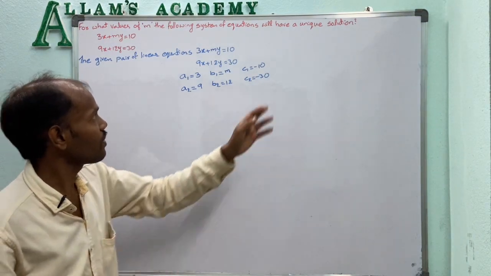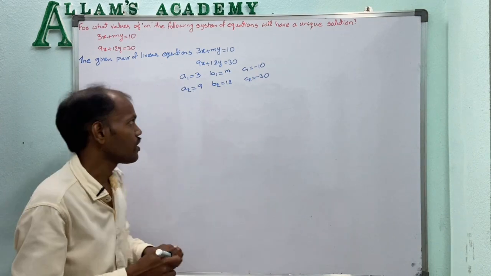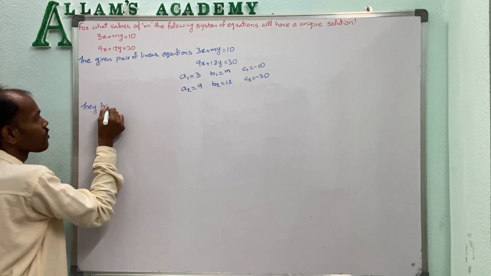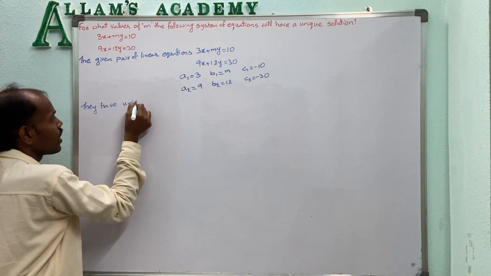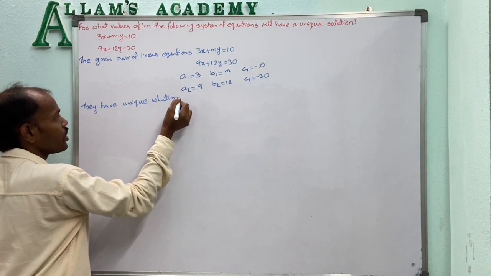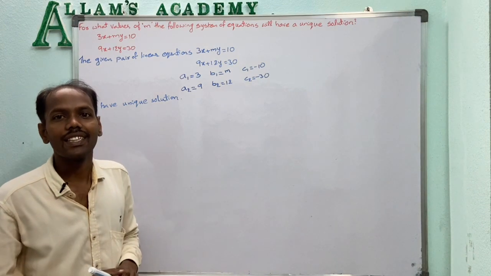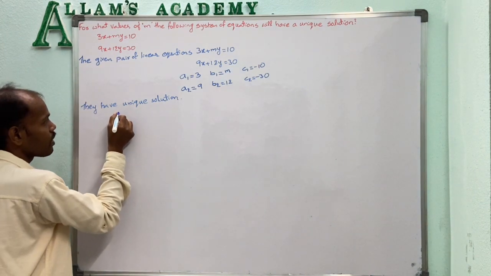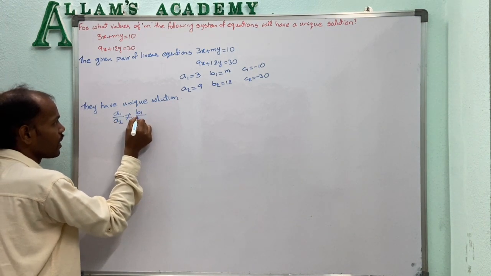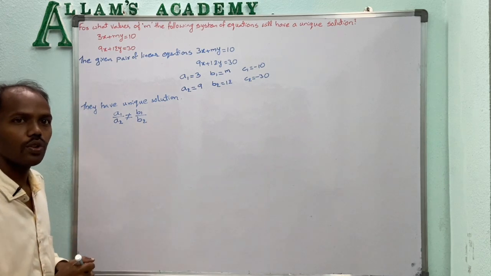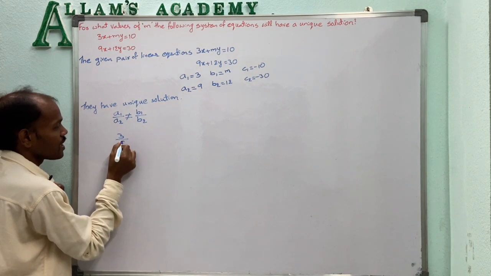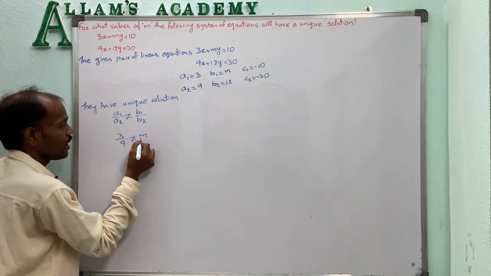Now our two given equations will have a unique solution. Unique solution means the condition is a1 by a2 not equal to b1 by b2. That means 3 by 9 is not equal to m by 12.